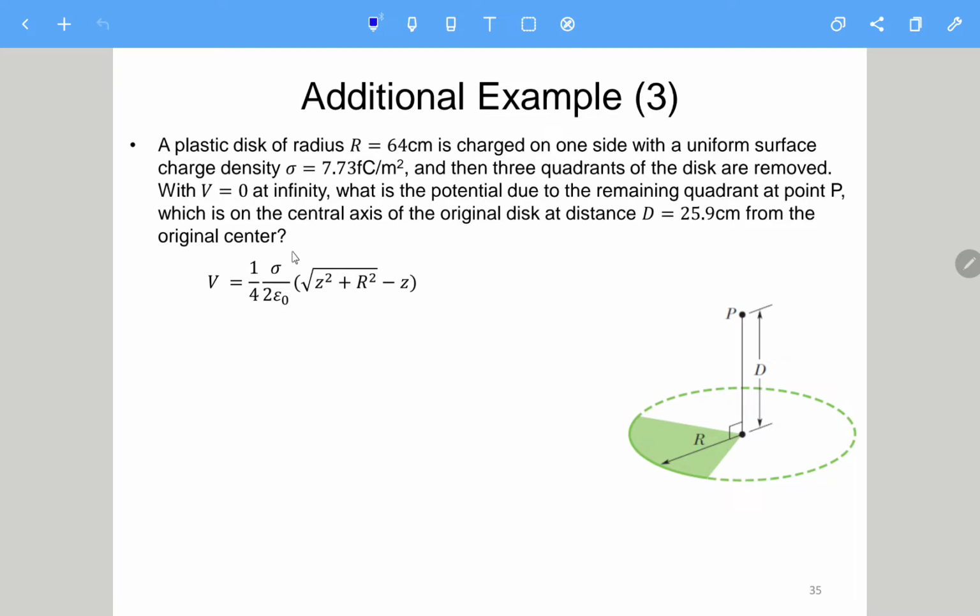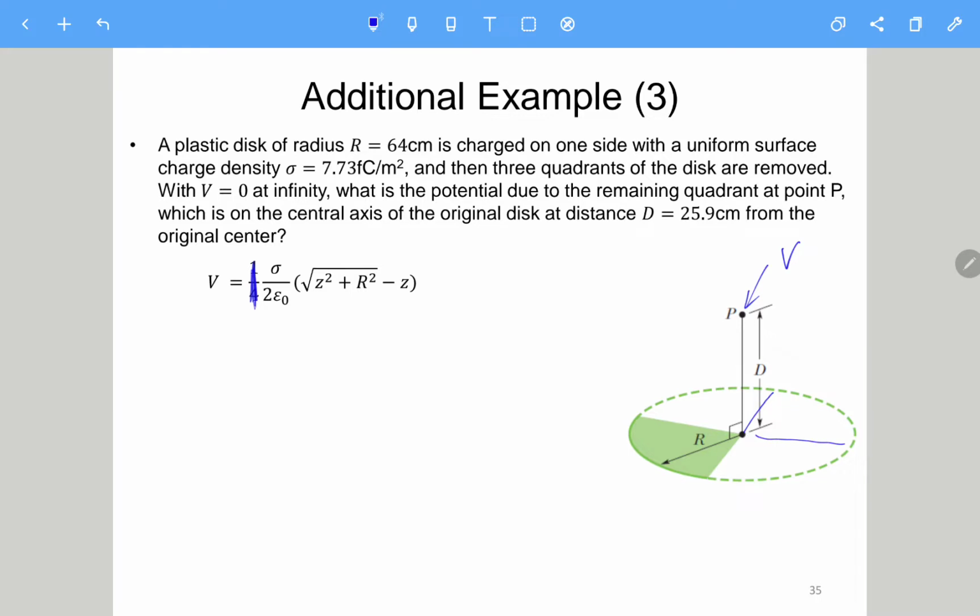Before, we have already derived this expression for the whole disc. Now, because we only have one quadrant of the whole disk, we just multiply it by 1/4. You can find the symmetric property here.